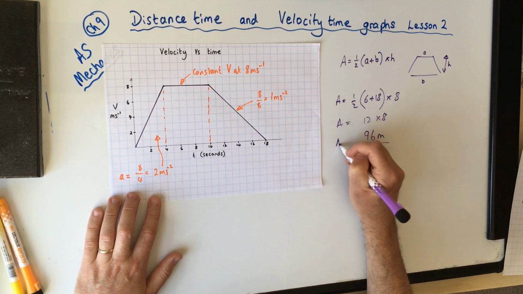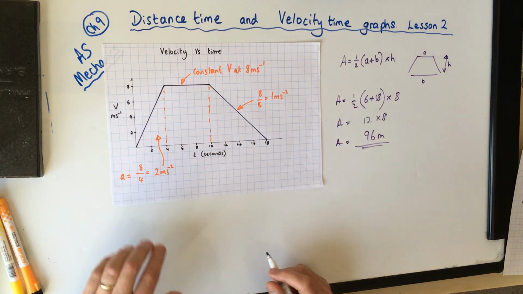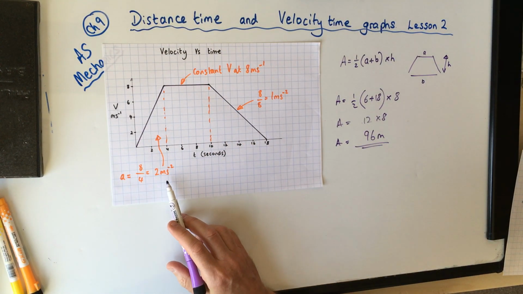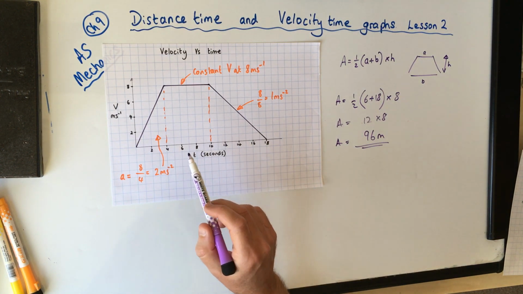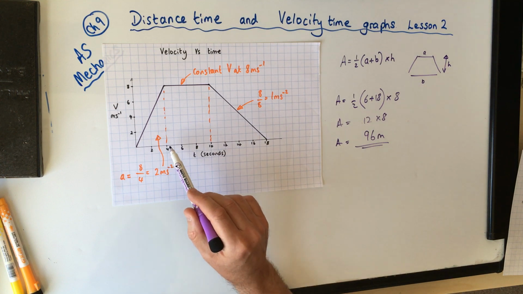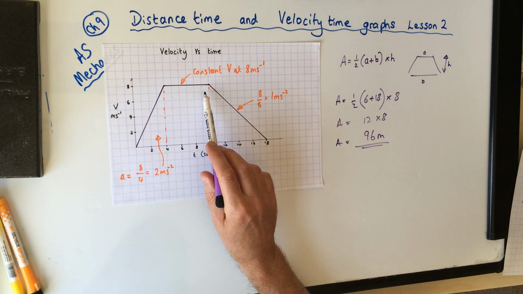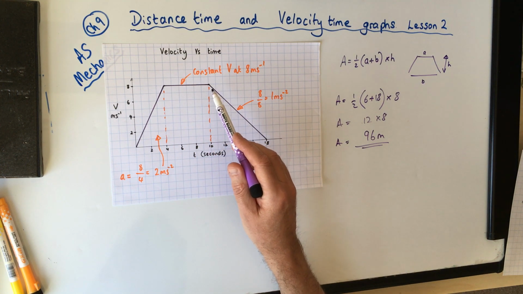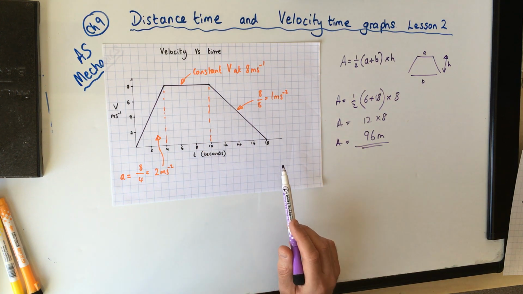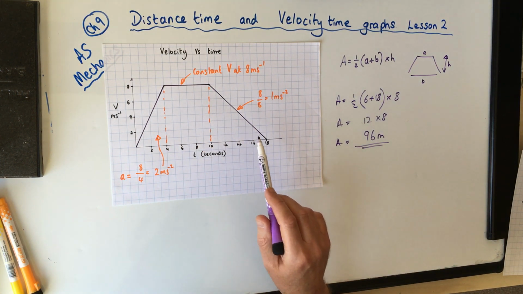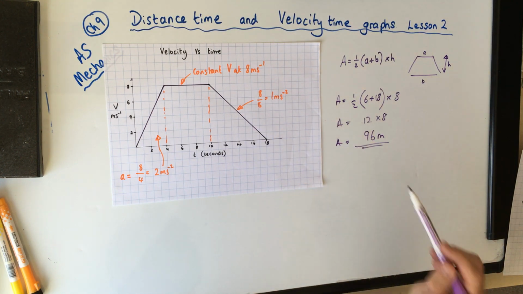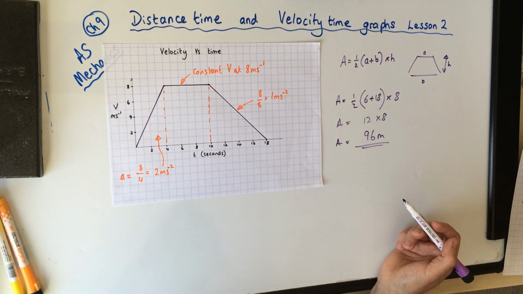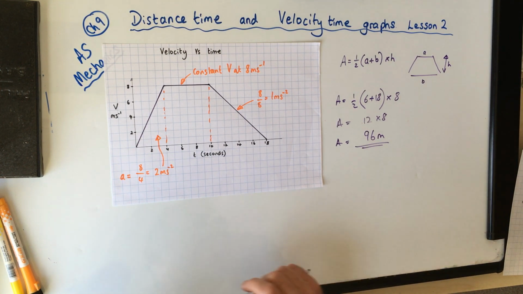That means that in this particular journey, accelerating at 2 meters per second squared for 4 seconds, constant velocity of 8 meters per second for 6 seconds, and then decelerating at 1 meters per second squared for the remaining 8 seconds, this person would travel 96 meters.